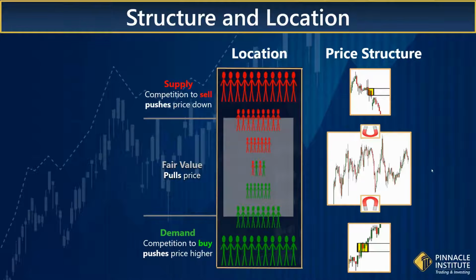So once we identify fair value, we then look above that for our qualified supply zone, and below that for our qualified demand zone. And it's these fresh, outside the range supply demand zones that cause this to happen. All right? Yeah, and we're going to get to the charts, and I'm going to show you all that in just a few minutes.